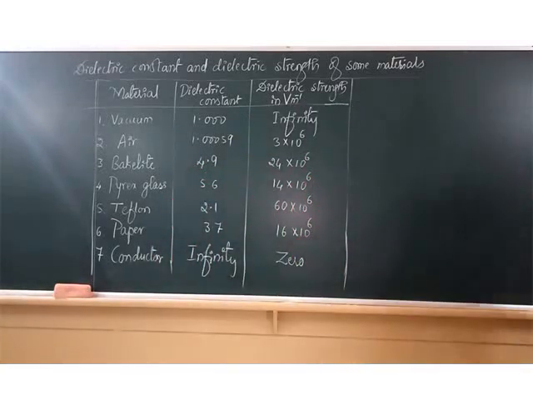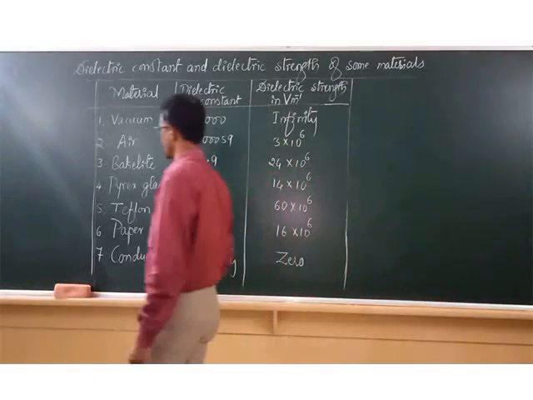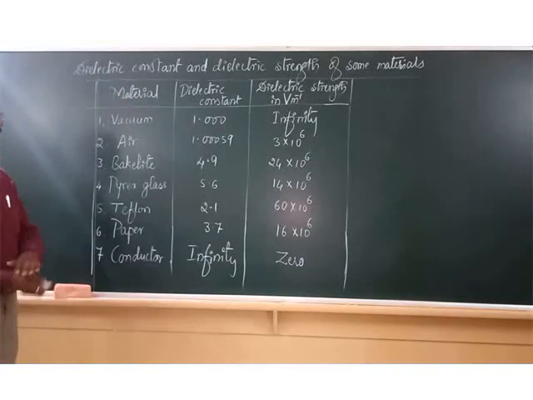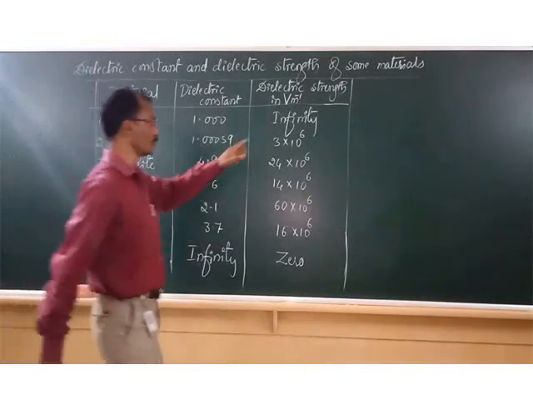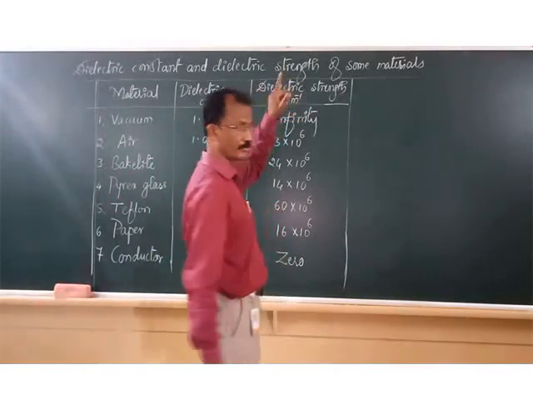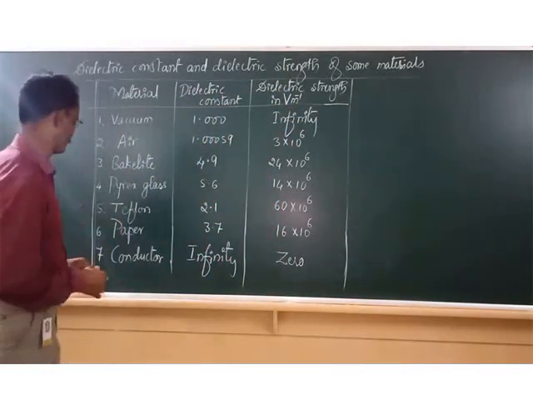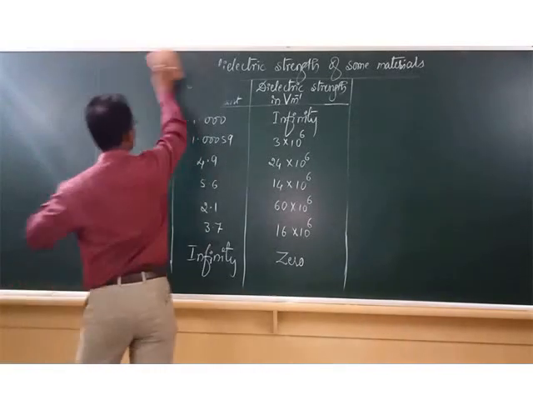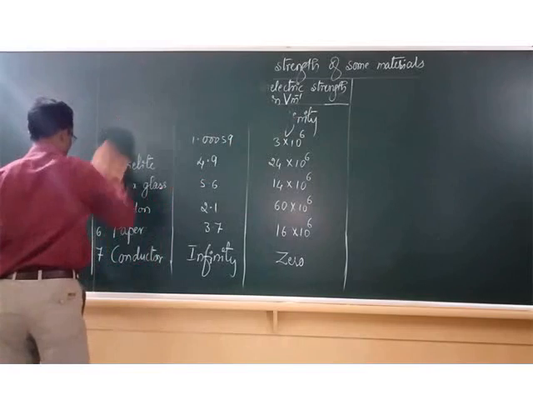A conductor already has free electrons that constitute electric current, hence its dielectric strength is 0. These are some materials, their dielectric constant and dielectric strength, measured in volt per meter or Newton per coulomb. Next, let's see about capacitors.